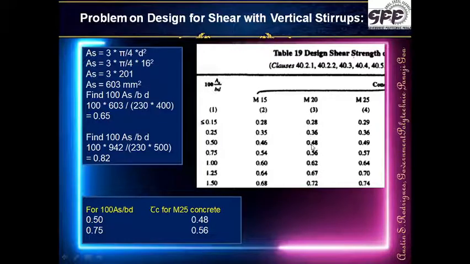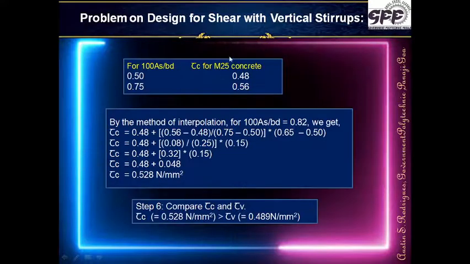For M20 concrete, the values are 0.48 and 0.56. So for 0.5 it is 0.48, for 0.75 it is 0.56.